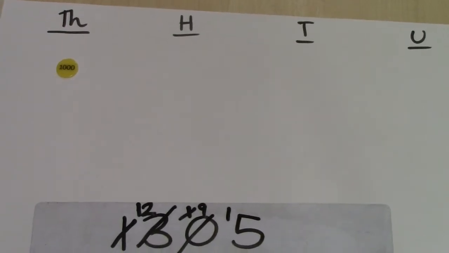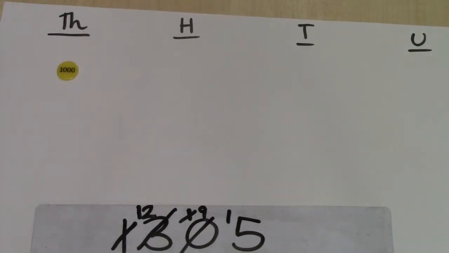Okay, and these counters represent hundreds. Although they're the same size, they have different representations. We've got the red ones that represent tens, and we've got the white counters that represent ones.